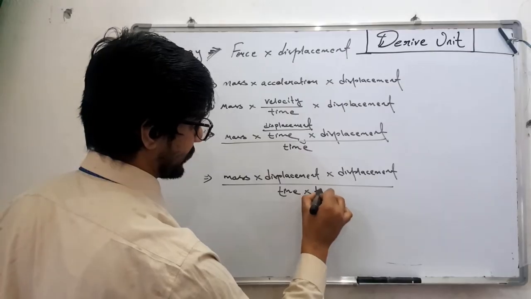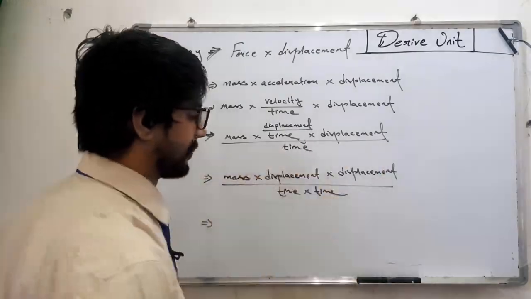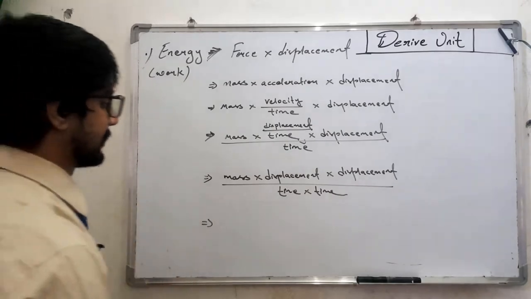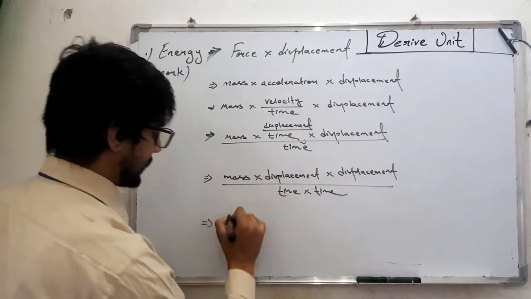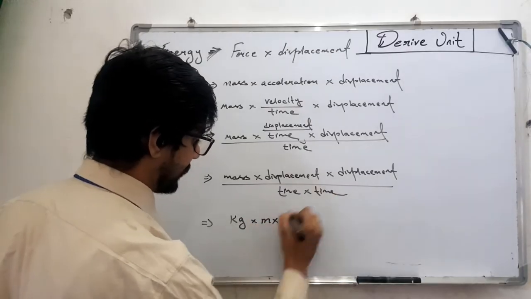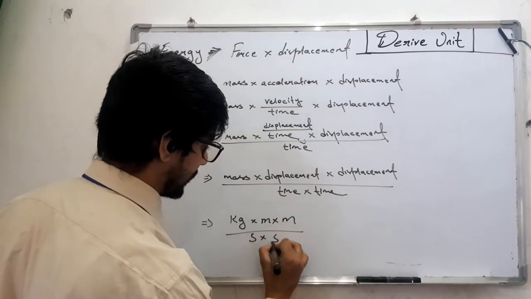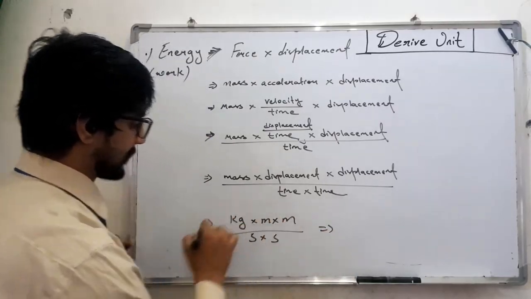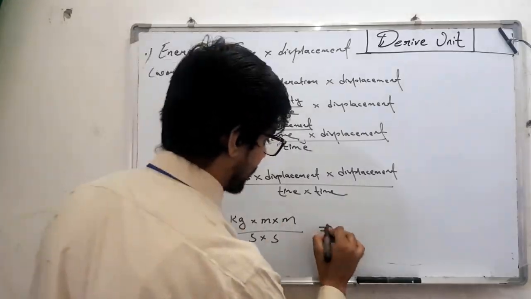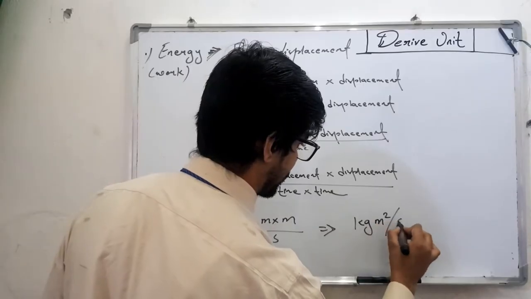Now just see, all are in terms of the fundamental quantity. Now what we can do is replace them in terms of units. So see here, kg times meter times second times second. There are no terms for cancellation, so we just need to condense them. As we get here, kg meter square per second square.